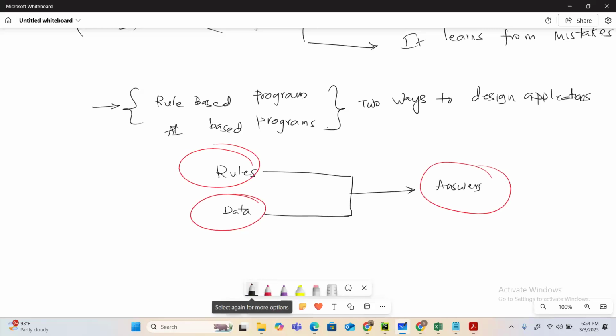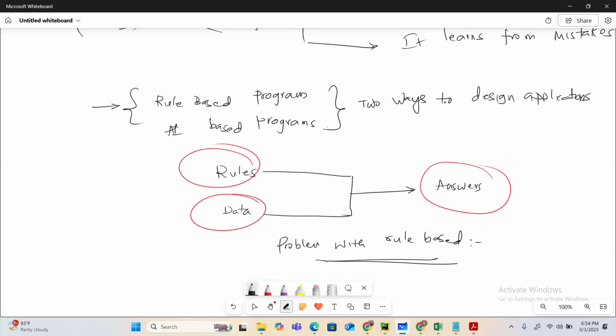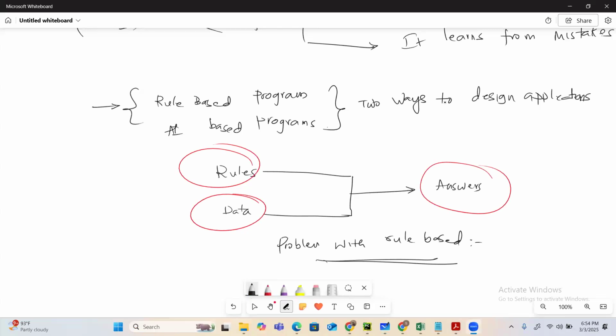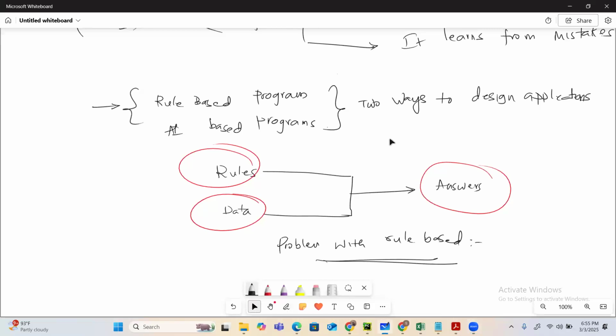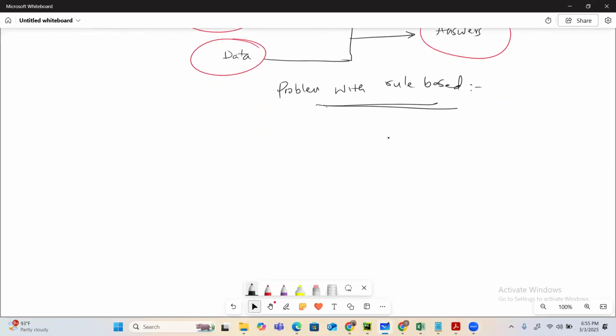What is the problem with the rule-based approach? Any answers, please? We need to focus on learning the syntaxes and all for different languages. Okay.